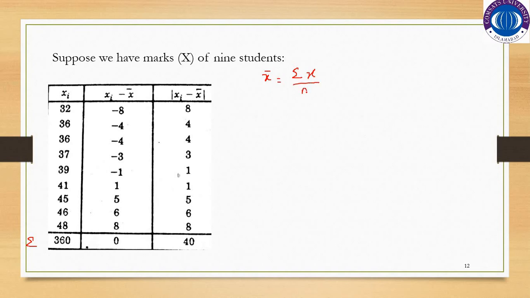As this is ungrouped data, you can see that frequency is not involved in the table. So summation x is 360, as it is calculated in the table, 360 divided by 9, and this would be 40.